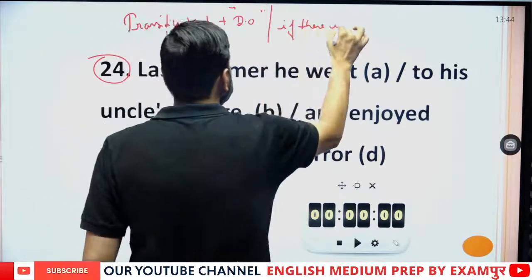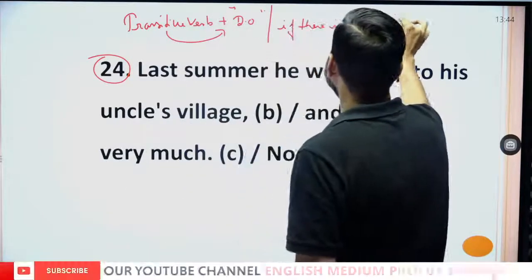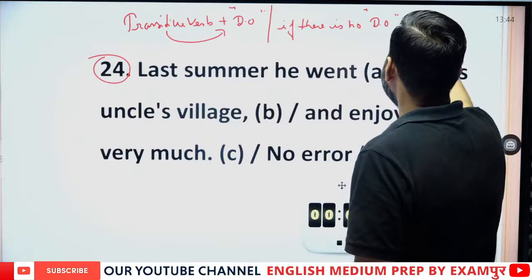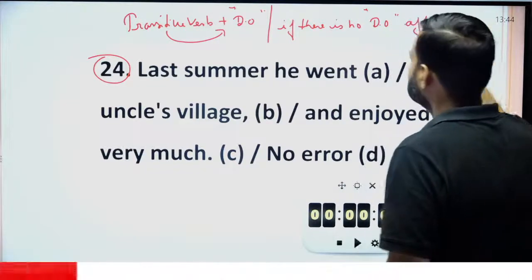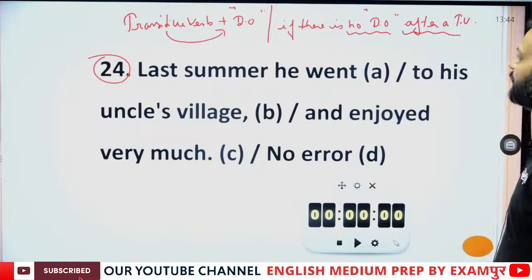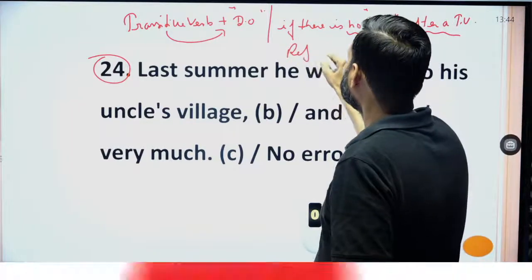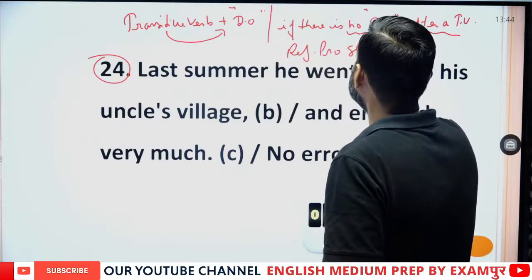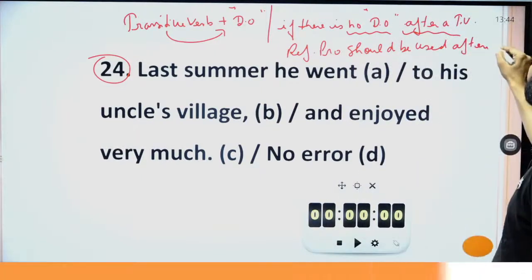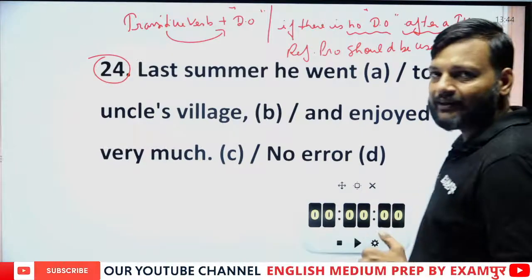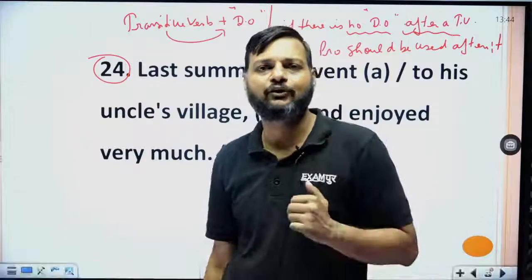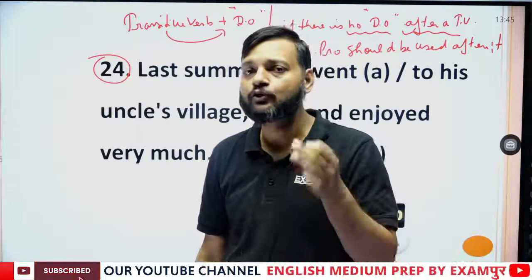If there is no direct object after a transitive verb, a reflexive pronoun should be used after it. So a transitive verb is always followed by a direct object, and if there is no direct object, a reflexive pronoun should be used to fill the gap.